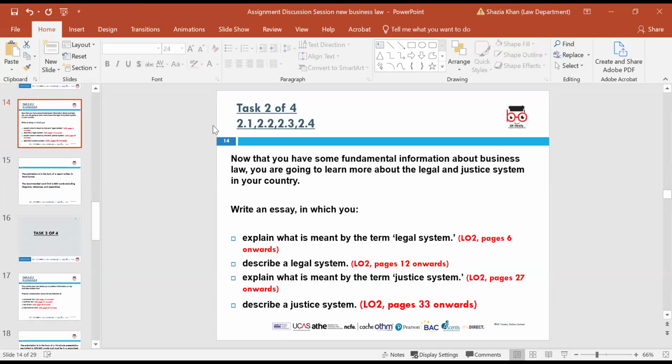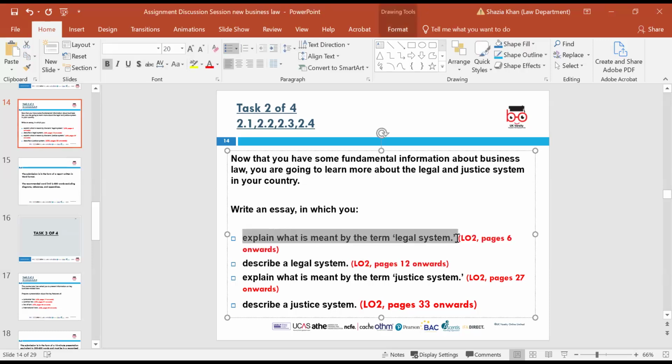And task 2 is 2.1. You'll be looking at learning outcome 2.1, 2.2, 2.3, and 2.4. Now that you have some fundamental information about business law, you are going to learn more about the legal and justice system in your country. Write an essay, again in Word, in which you need to look at, number 1, explaining what is meant by the term legal system.